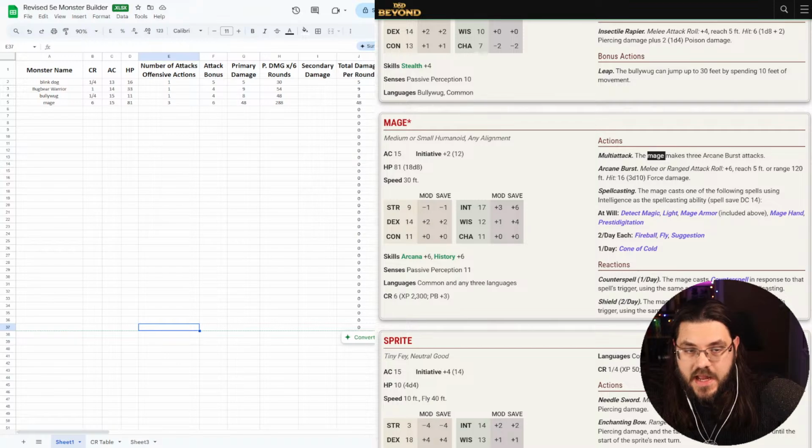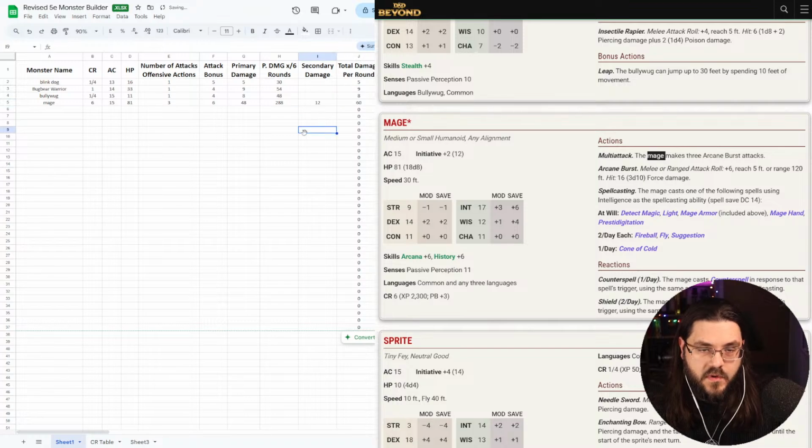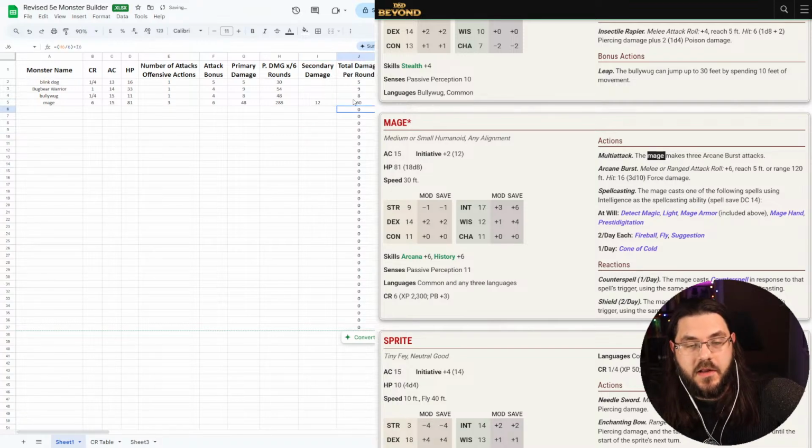So instead of one of those, which would be 16, it would be 28. So 12. Yeah, that's how we're going to do that difference, I think.